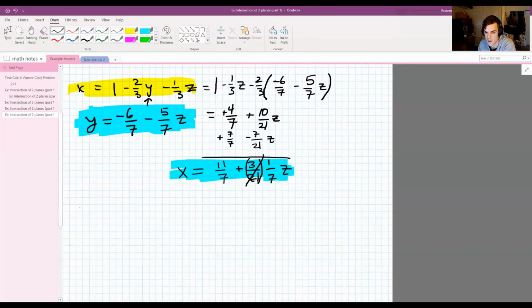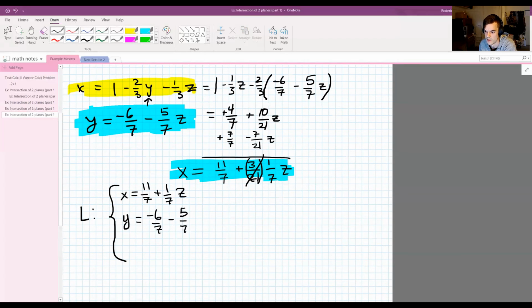Writing everything out, our line of intersection follows the equations x equals 11/7 plus 1/7 z, y equals minus 6/7 minus 5/7 z, and z equals z.